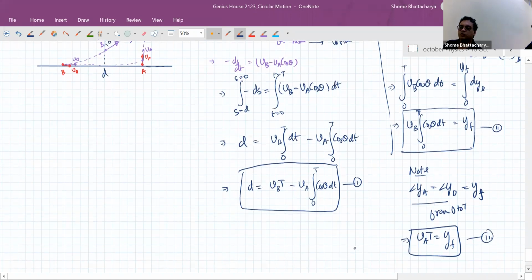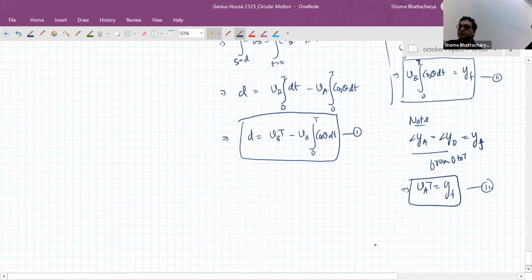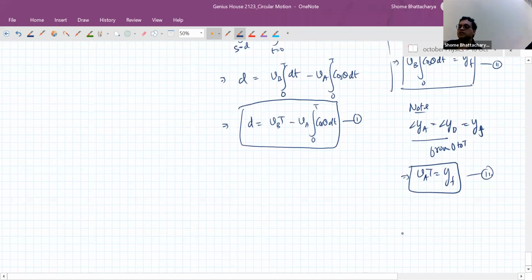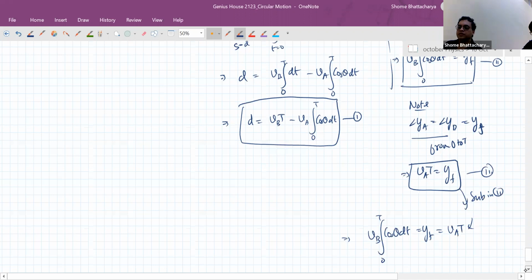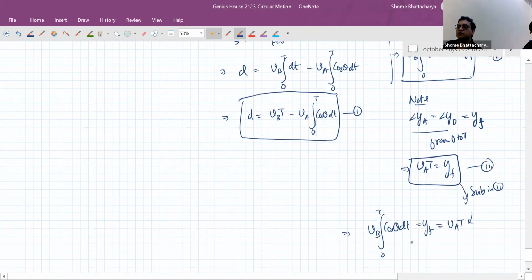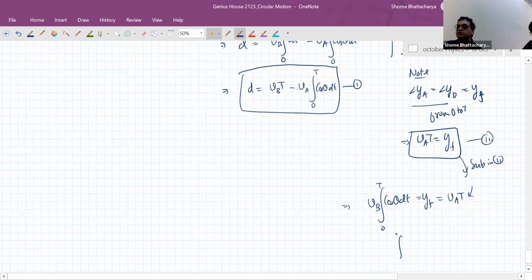Okay, so what happens is that VB integral cos theta dt from 0 to T is equal to y final. That is equal to VA into T. Substituting this in the second equation, we are getting this. Okay, so now I can write the integral of cos theta dt from 0 to T as VA by VB into T. Let's bring this constant here.